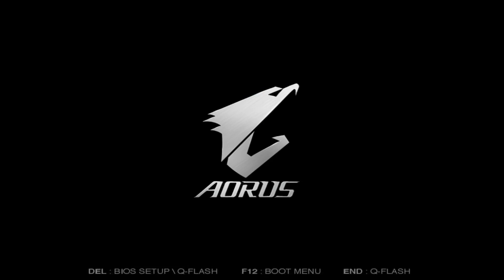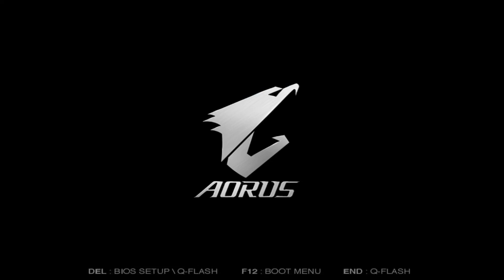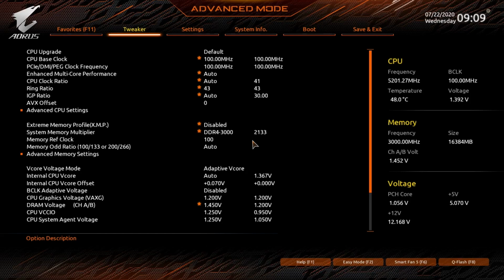Okay, we don't need to do any of this. So we're just going to load Windows. It's going to restart. Oh, crashed again. Really doesn't want to do 5.2.